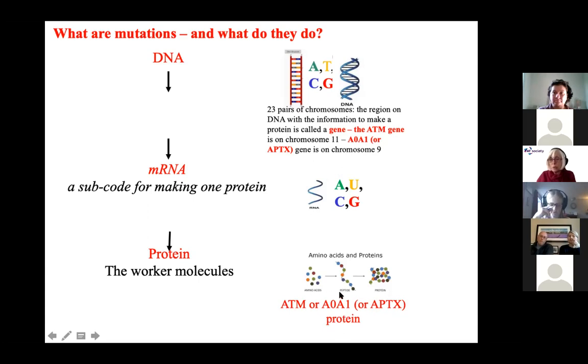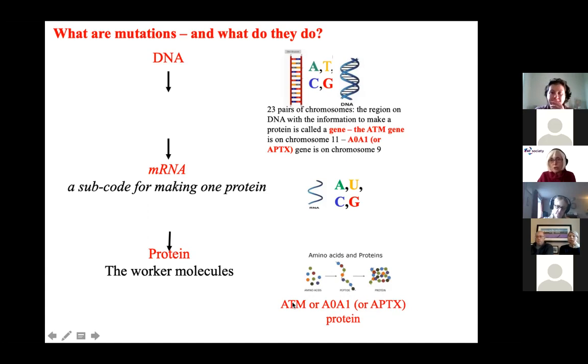Sometimes it's called the AOA1 protein, but really it's aprataxin. And just to avoid that confusion, ATM is the name of the protein, even in a human being who's making ATM, it just happens to be called ATM mutated.